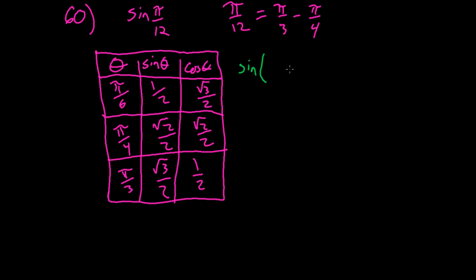So it says the sine of alpha minus beta, these are just two variables, is equal to the sine of alpha times the cosine of beta minus cosine of alpha times the sine of beta. Here, I'll actually do that below because it's going to take a lot of room.